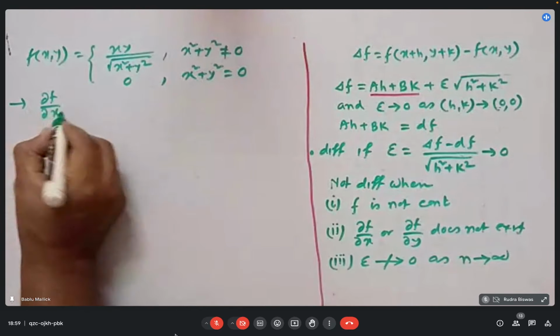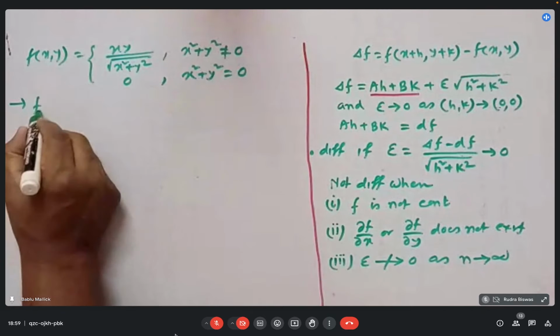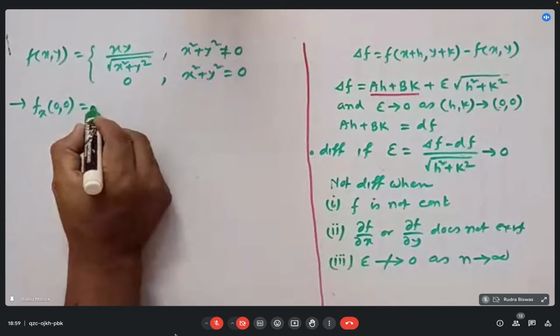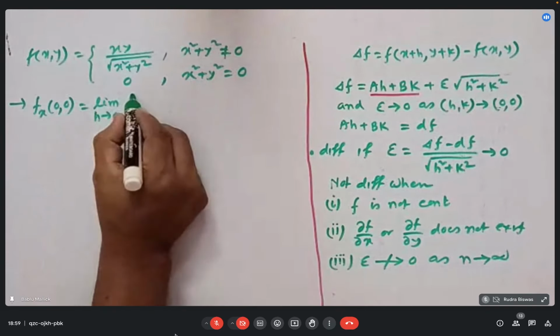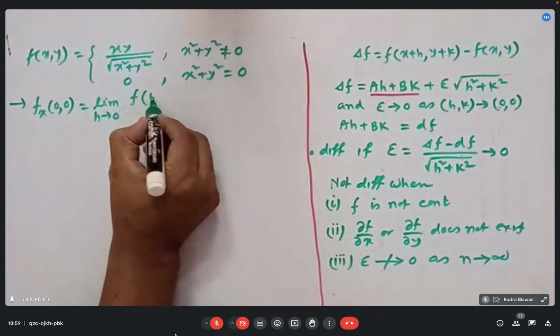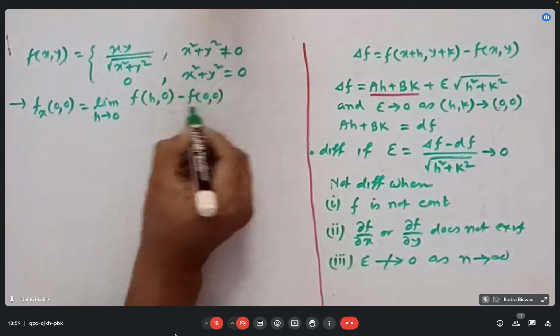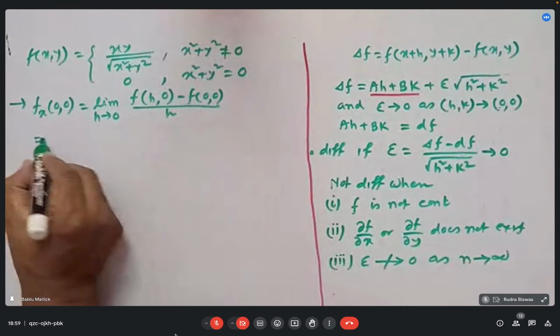Del f del x is equal to, I can just write it, f_x at 0 0, which is equal to limit h tends to 0, f of h comma 0 minus f of 0 0 divided by h.